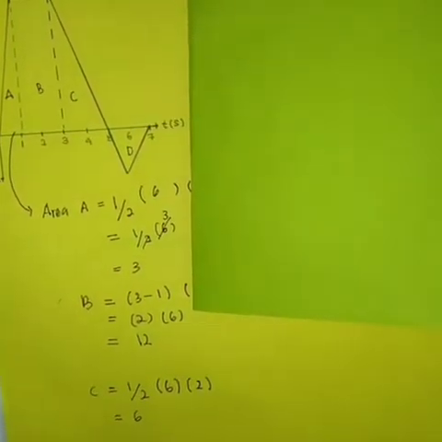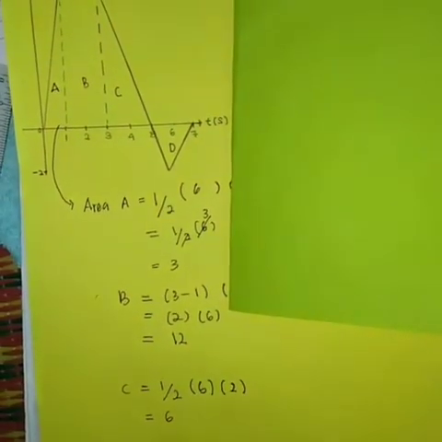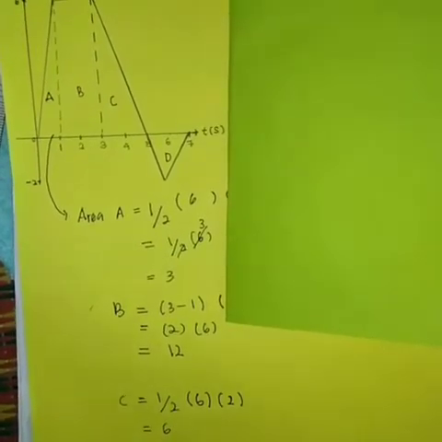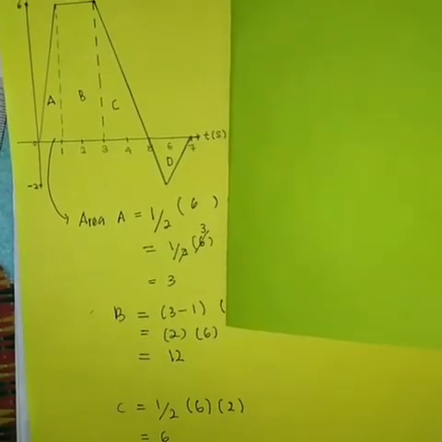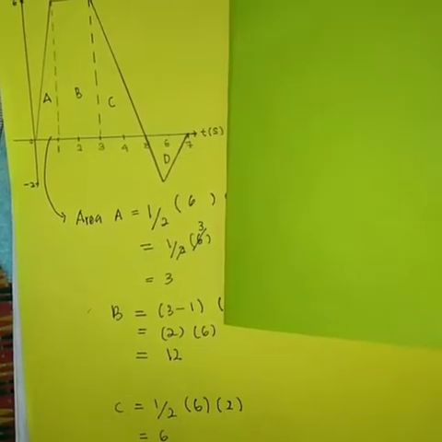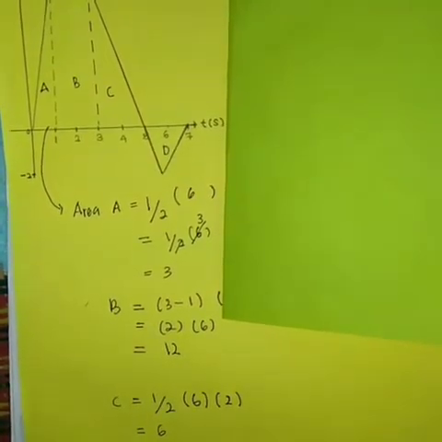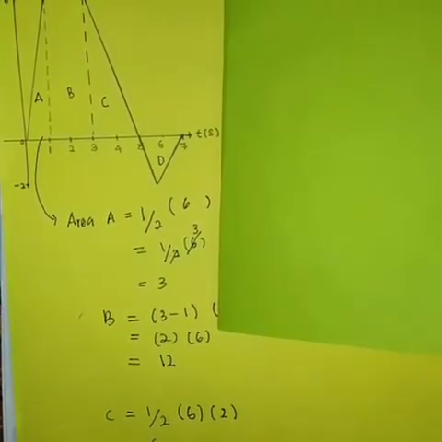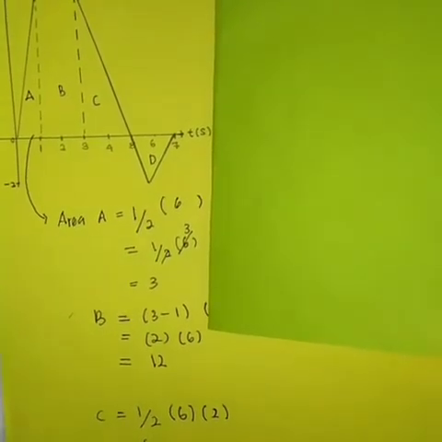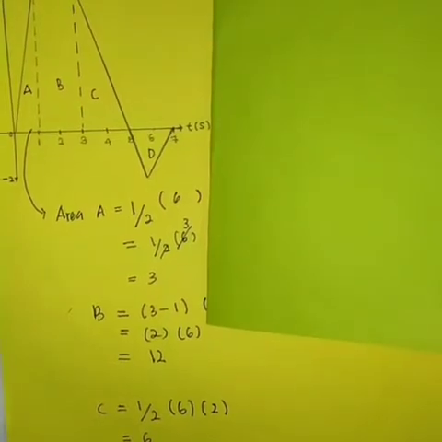Okay, for the D, we need to use 1 over 2, so we get 2. Okay.